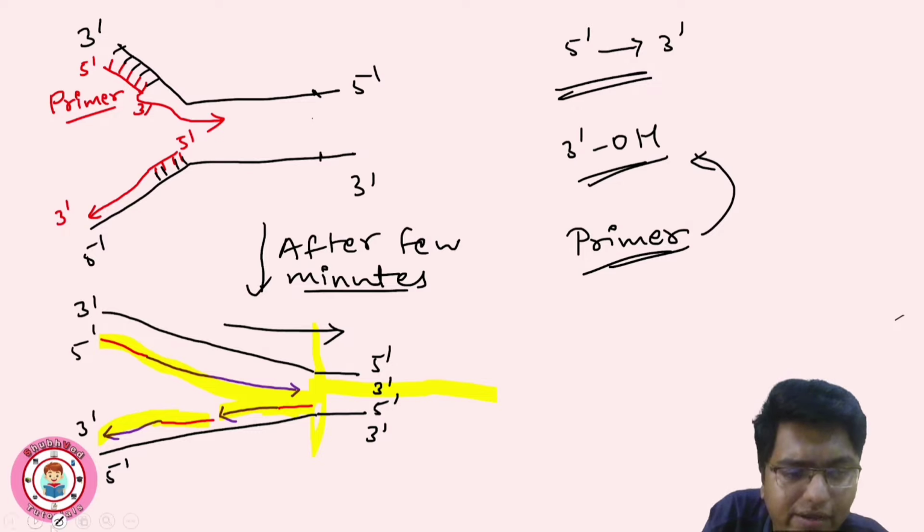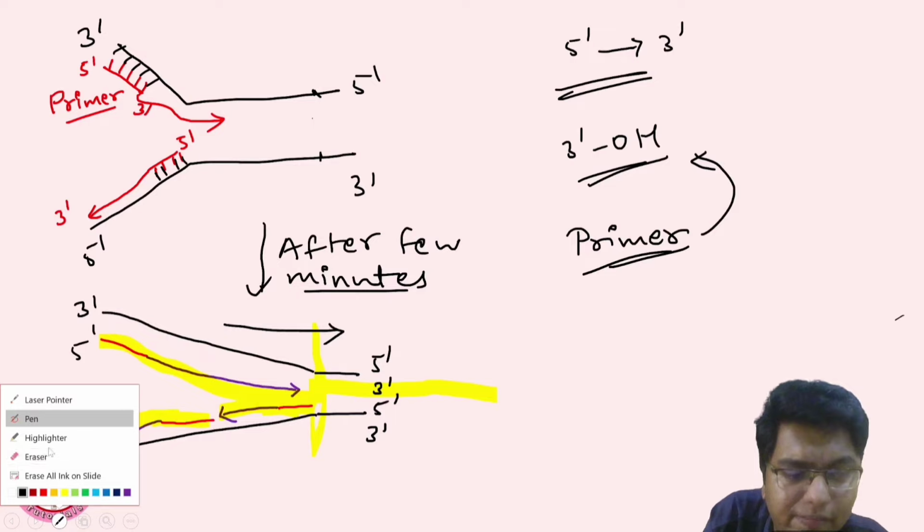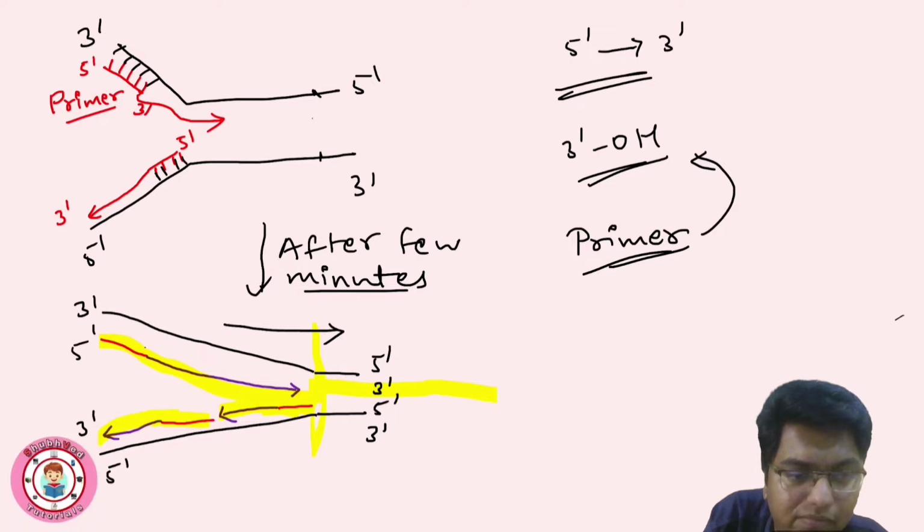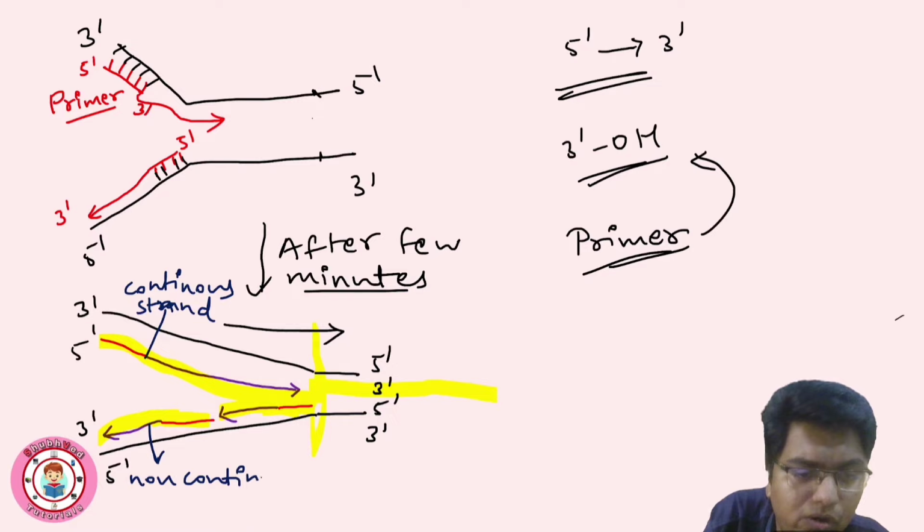So what we can write here: one strand is continuous, I will write here, this strand is the continuous strand, and the other strand is the non-continuous strand.